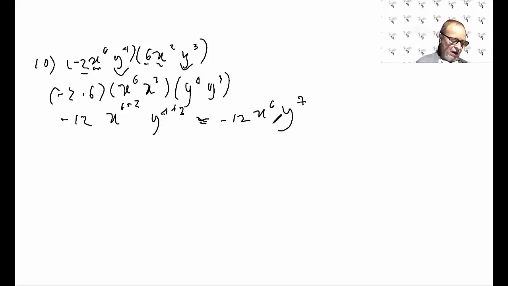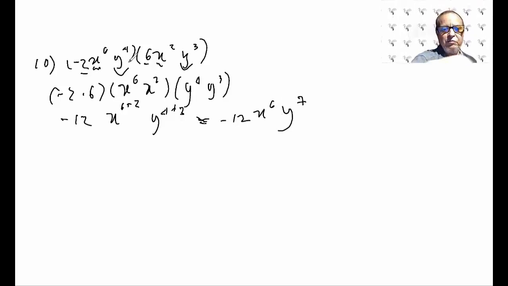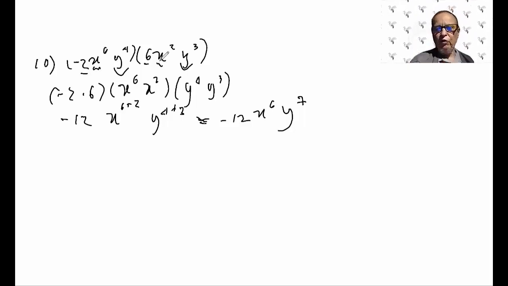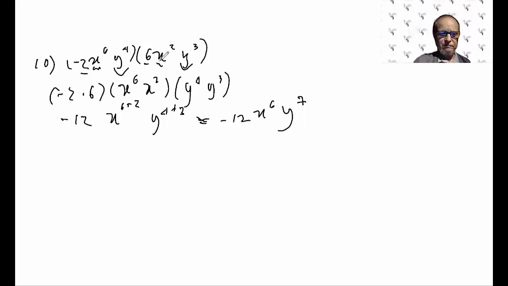And now I have multiplied my two monomial terms with exponents.